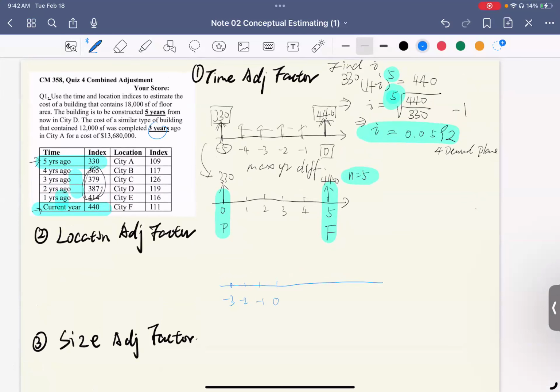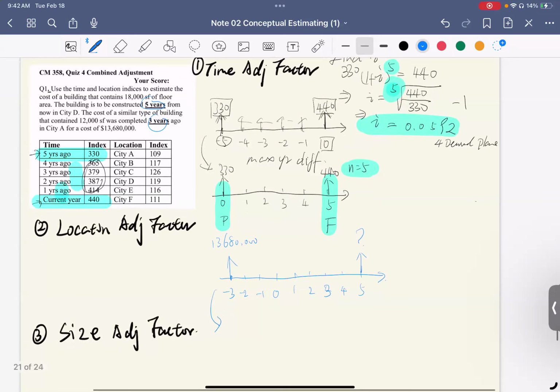And you know your building will be constructed 5 years from now: 1, 2, 3, 4, 5. So that one you know, and you're going to find the unknown.